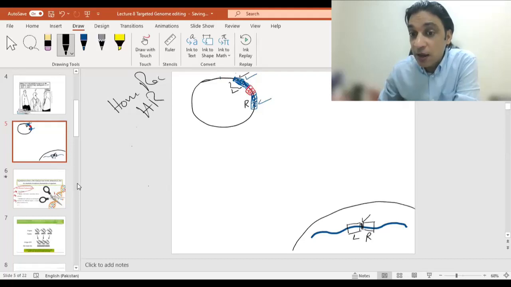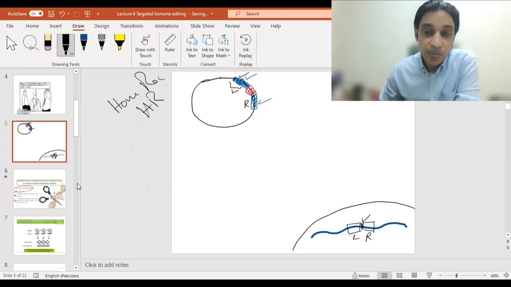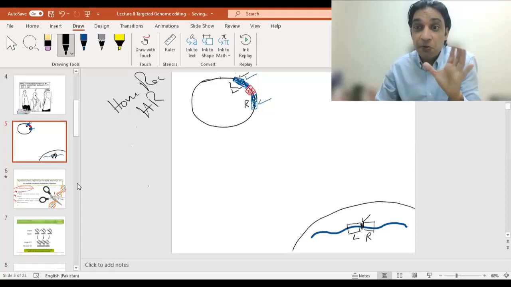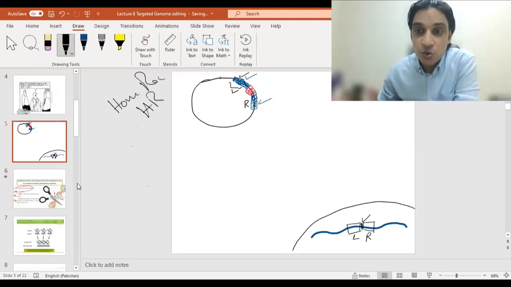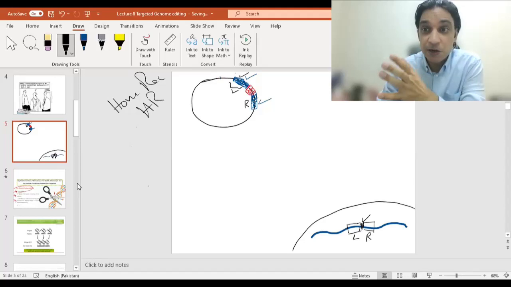This is called a right arm, or the right homologous fragment of the vector. So we design a vector in such a way that two big regions of the DNA match with the host DNA. The arm length is usually in hundreds, not in base pairs, it's hundreds, like 500 base pairs, sometimes 700 base pairs, sometimes 1000 base pairs.